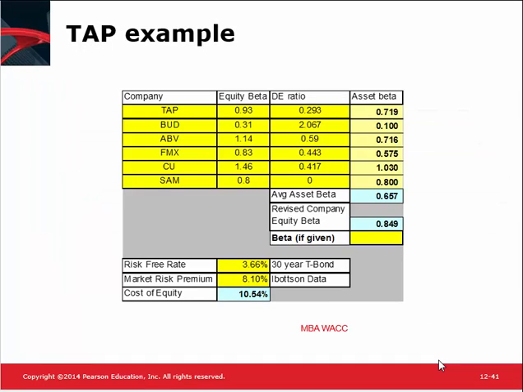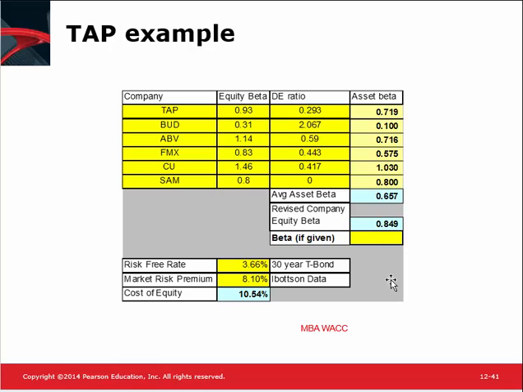So what I did is I did this for quarters. I found their competitors and found out what those companies' betas were. We then also identified the debt equity ratios, and from that calculated the asset beta. So you have the asset beta averaged out to be 0.657.